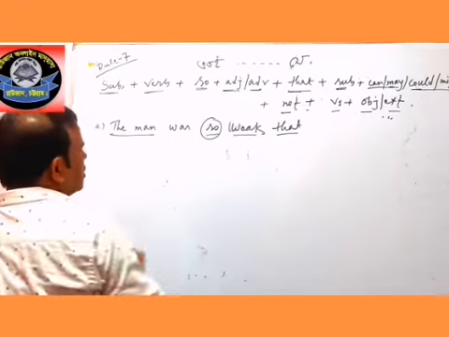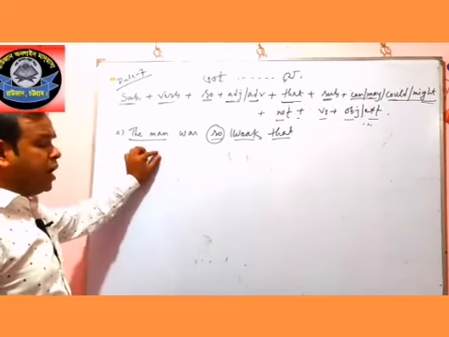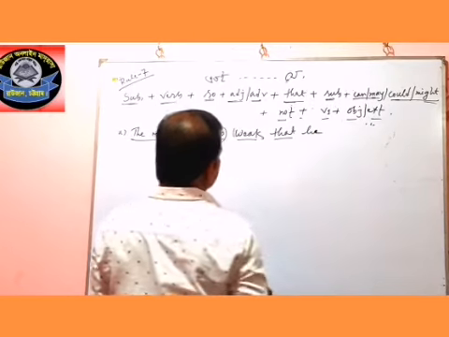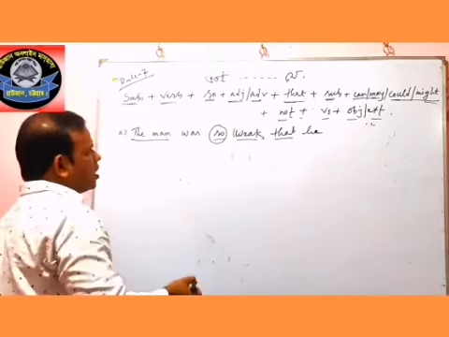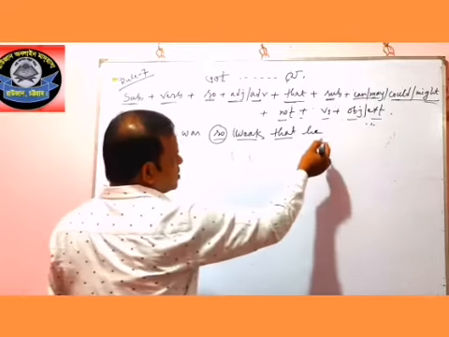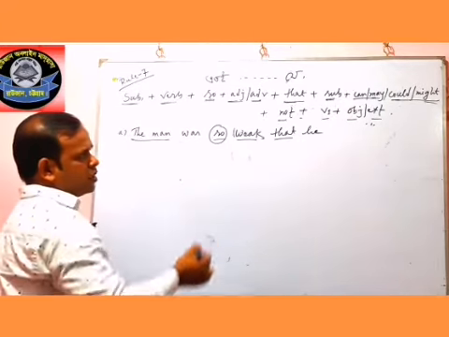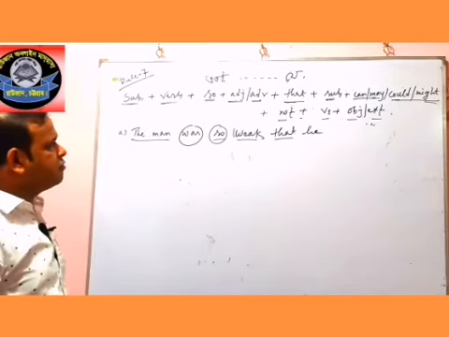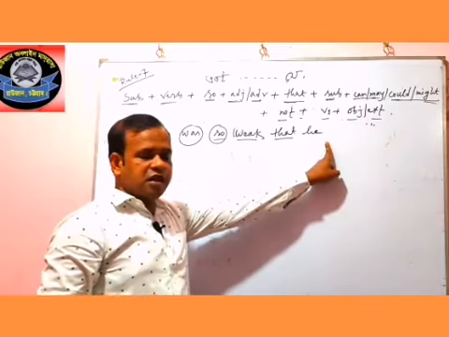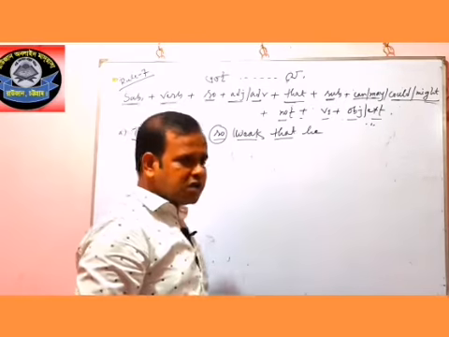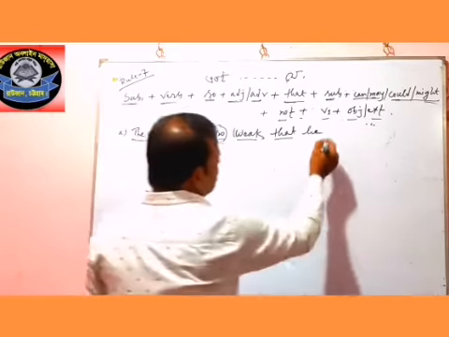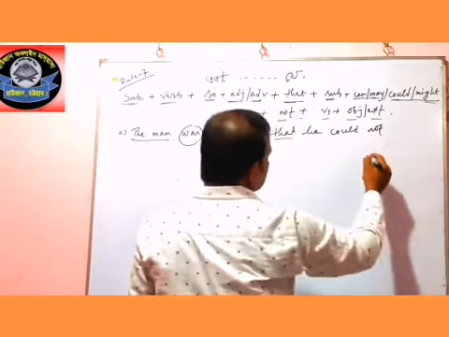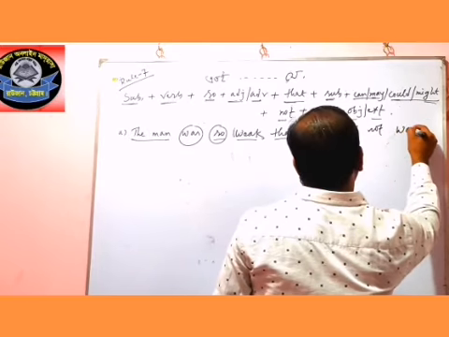Here it mentioned the man, that's why you have to write he. And after the subject you have to write can, may, could or might. What will be here? If the first clause is in past indefinite tense, the other part will be past indefinite tense too. That's why he could not walk.